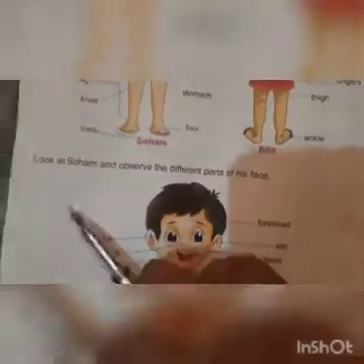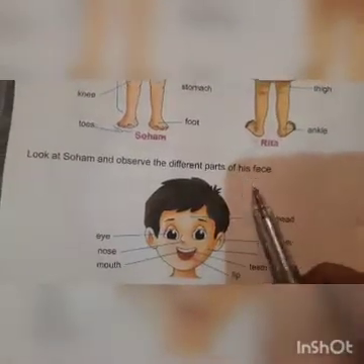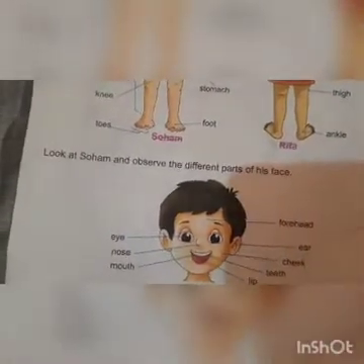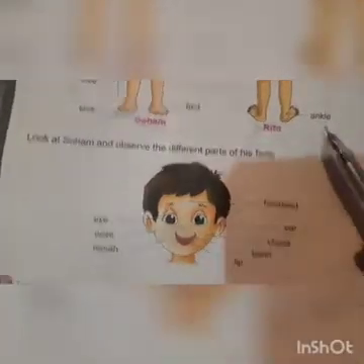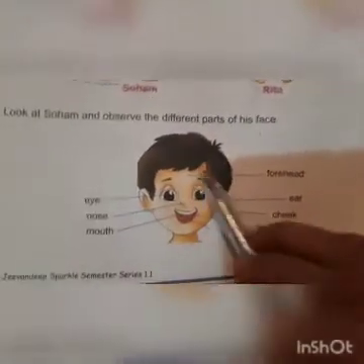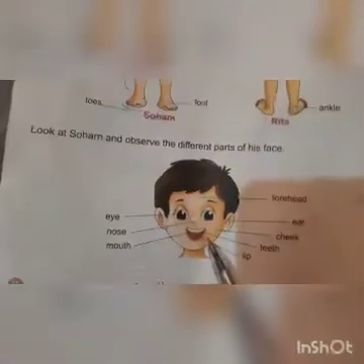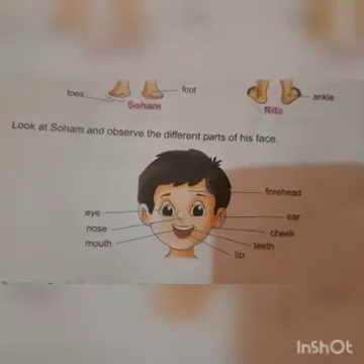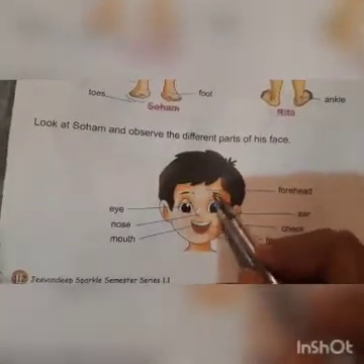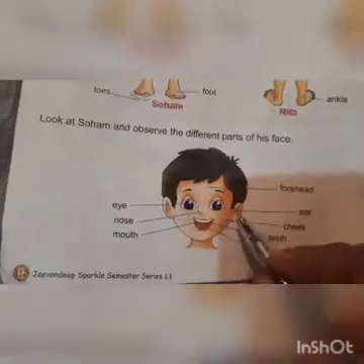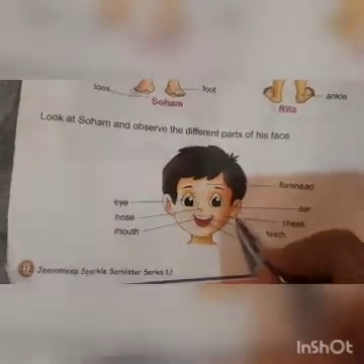Now, look at Soham and observe the different parts of his face. Now we will learn about different parts of face. See, this is the picture of Soham. As we can see here, this is forehead. This is ear.